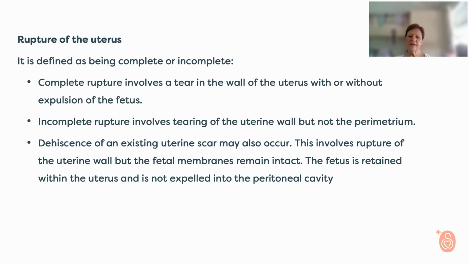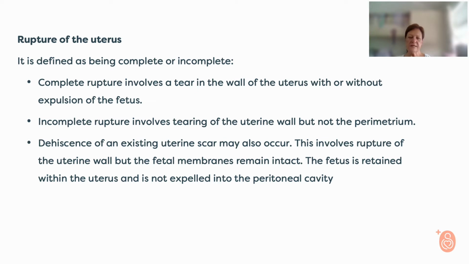tear. And then we get also the tear of an existing uterine scar, which are the ones that we see the most often. These complete and incomplete ones that we have talked about here on top might happen after prolonged labor, and specifically prolonged labor in the case of a multipara.